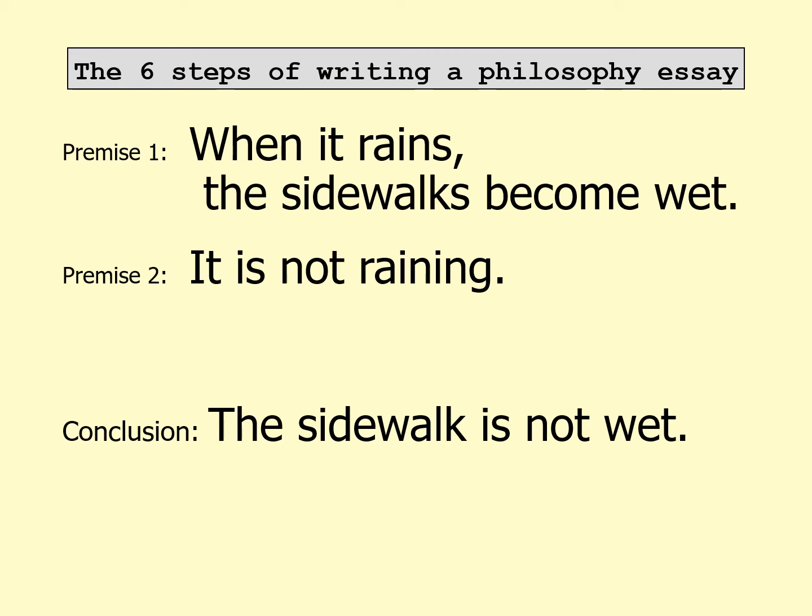So the conclusion is true as well. As some of you might intuitively recognize, this argument has an invalid structure. For the rest of you, I will explain why later.